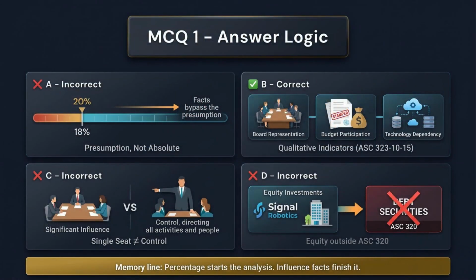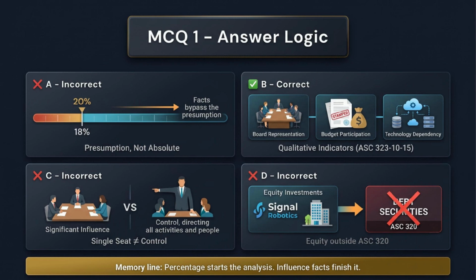The correct answer is B. ASC 323 may apply because significant influence can exist below 20%. Option A is wrong because below 20% does not automatically prevent significant influence when qualitative indicators are strong. Option B is correct because board representation, budget participation, and technology dependency support significant influence.